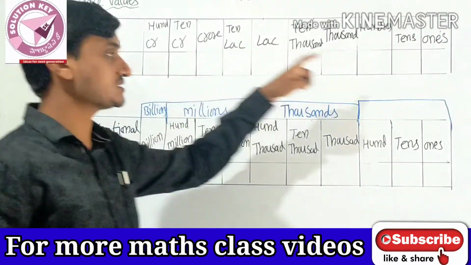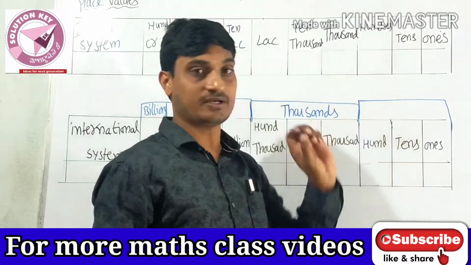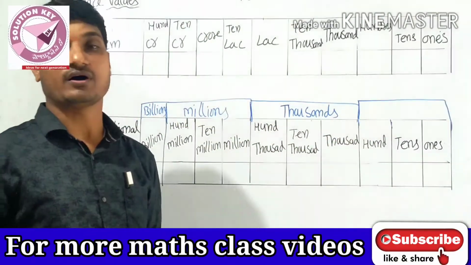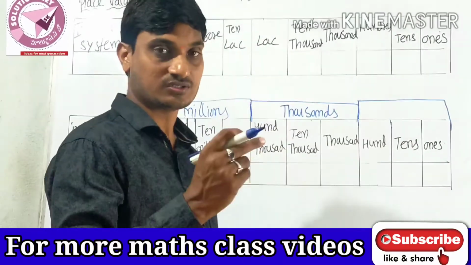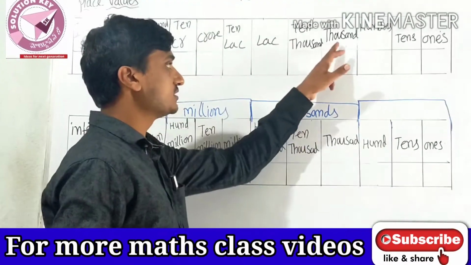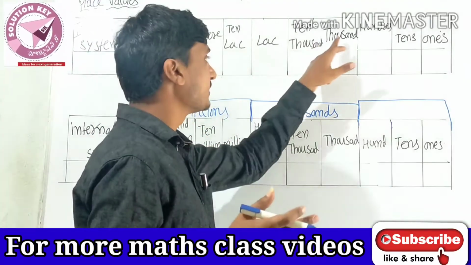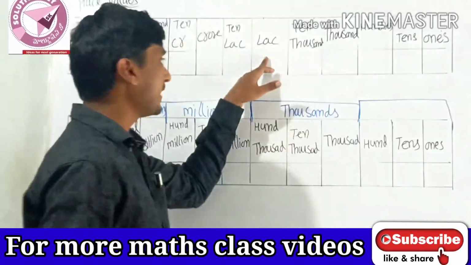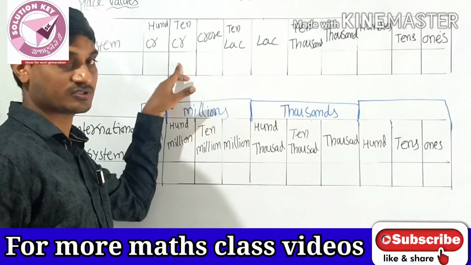In the Indian system, it is ones, tens, hundreds, and after that every 2 digits have the same pattern: 1,000, 10,000 only, not 100. And lakh, 10 lakh. Crore, 10 crores.